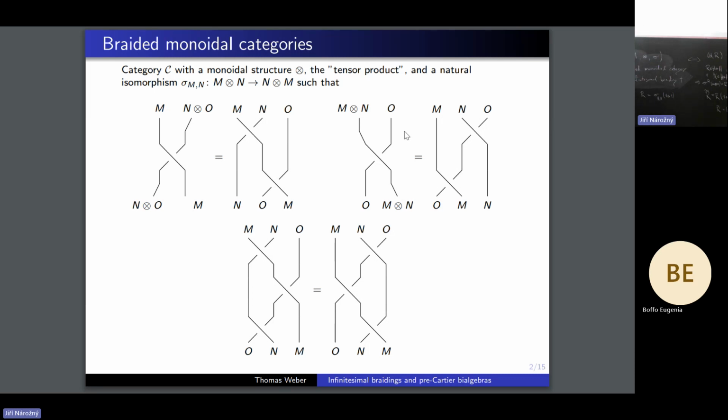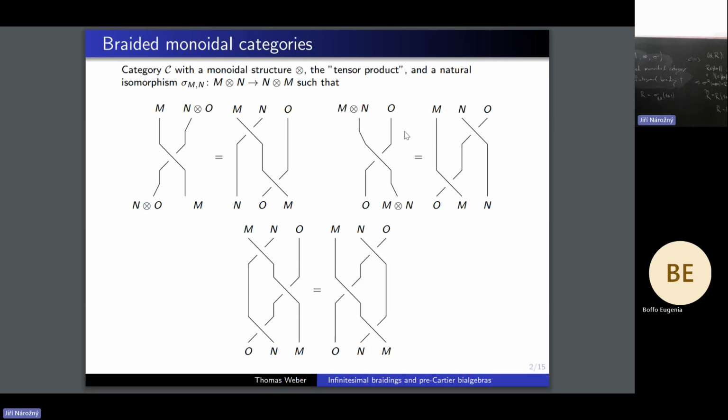First two, the so-called hexagons. And this has to be read flowing down the page. What this means is that if you want to braid M with N tensor O, this should be the same thing as first braiding M and N, and then braiding M and O. And you have a similar rule if the tensor product is on the left side.